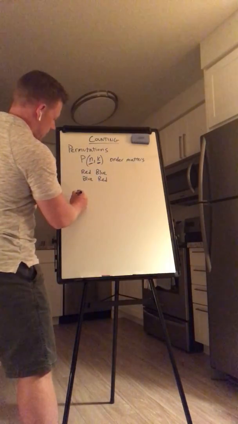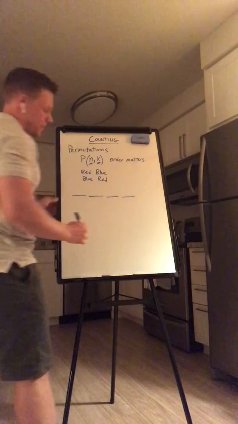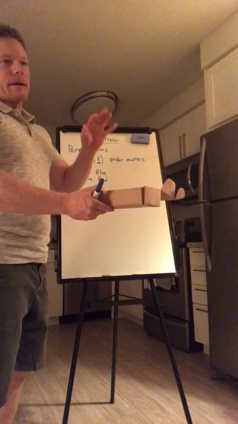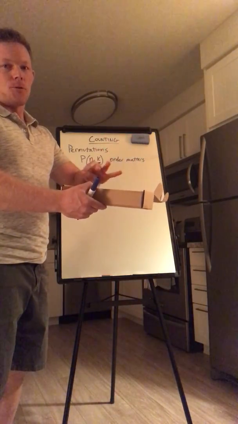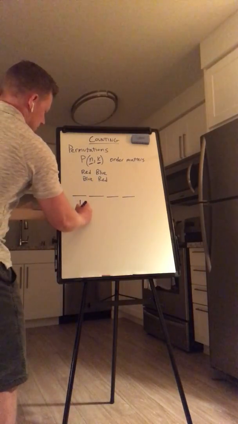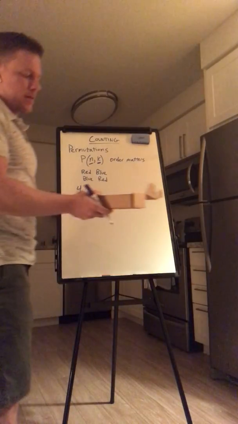We've got 4 different objects: 1, 2, 3, 4. When I first have this box, and I've got my 4 magnets in here, I have 4 possibilities for my first choice, right? So I'm going to show you here that I've got 4 choices.